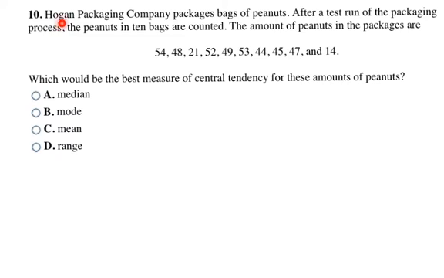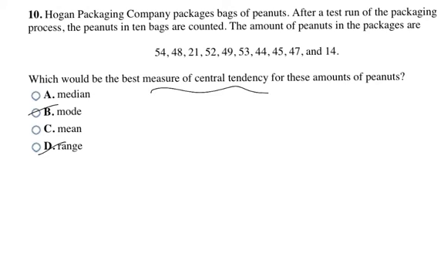This problem says Hogan Packing Company packages bags of peanuts. After a test run of the packaging process, the peanuts in the bags are counted. The amount of peanuts in the packages are, and here's the list, which would be the best measure of central tendency for these amounts of peanuts? So if I'm going to use the mode, I'm going to be given a set of data that isn't numbers, or it's going to ask me about typical, which isn't the case. So it's not mode. And range isn't technically a measure of central tendency, so it's never going to be the range.